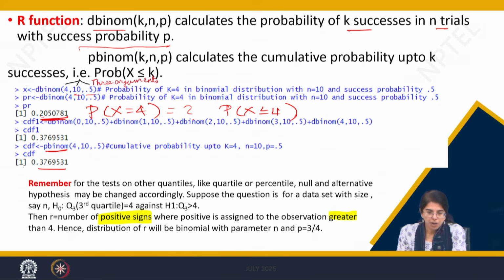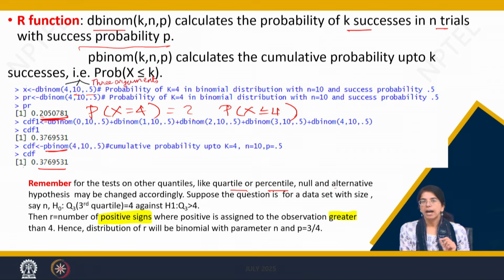Remember, for the test on other quantiles like quartile or percentile, the null and alternative hypothesis may be changed accordingly. Suppose the question is for a data set with size n, that Q3, the third quartile, is 4 against Q3 greater than 4, then how do you proceed? Just like the median, you have to think about the probability. In median, you are choosing probability of success as 0.5 under the null hypothesis, right?